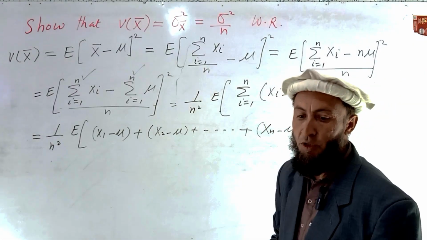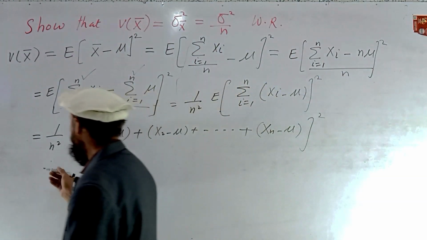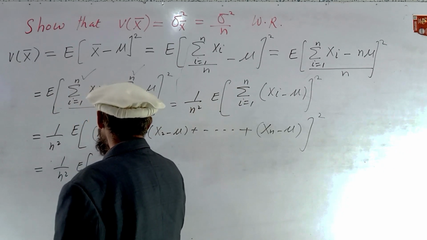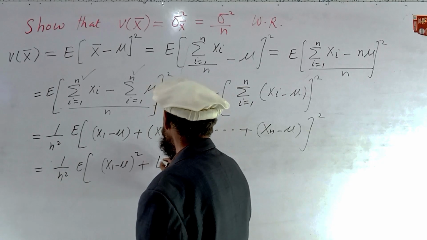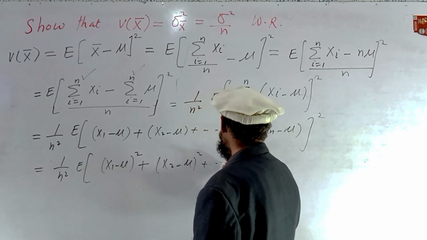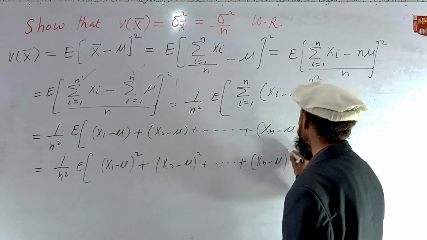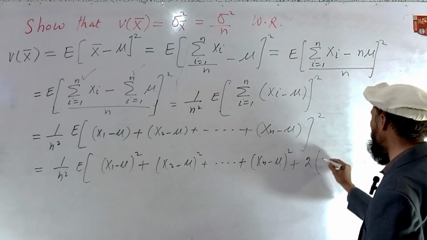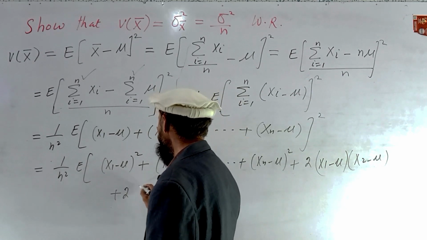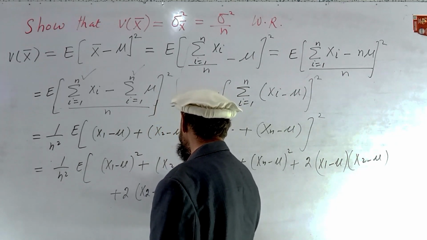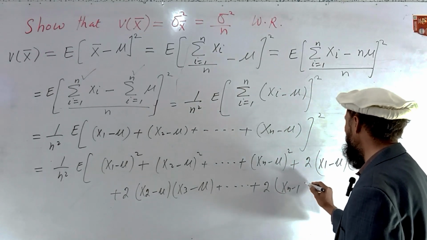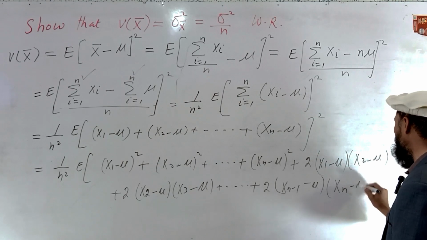According to the formula, this gives 1 over n square times the expected value of x1 minus mu whole square plus x2 minus mu whole square plus up to so on plus xn minus mu whole square, plus 2 times x1 minus mu times x2 minus mu, plus 2 times x2 minus mu times x3 minus mu, up to so on, plus 2 times xn minus 1 minus mu times xn minus mu.